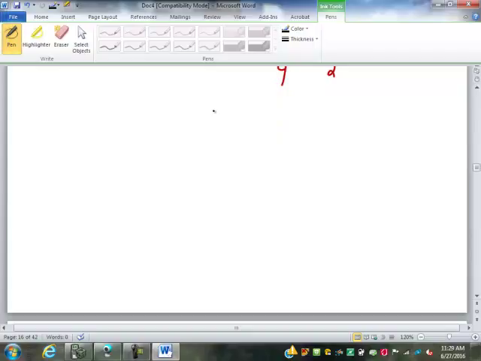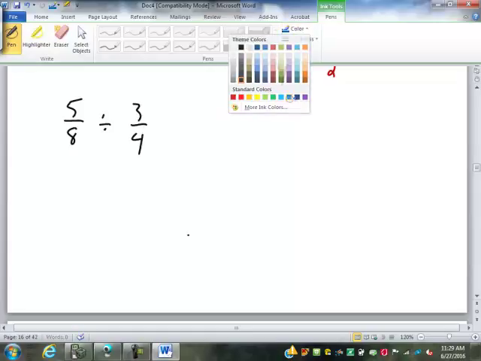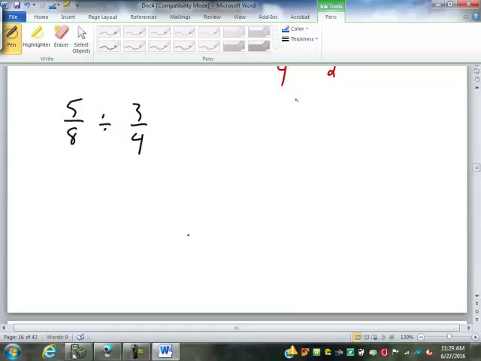Let's take 5/8 divided by, let's do 3/4. So 5/8 divided by 3/4. Am I going to do anything to the 5/8? No. The first number always stays the same.